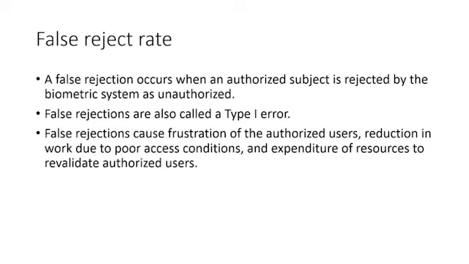If you've got a cold and you're talking real deep or something like that, it might not recognize your voice as being you, all right? And if it doesn't, you know you're authorized. That's my building. I work in there. I've been working there for 5 years. But all of a sudden it says, no, you're not authorized. That is a false rejection rate. This is a type 1 error, all right? This one's probably better than the other one, which we're getting ready to talk about, because this is going to keep people out.